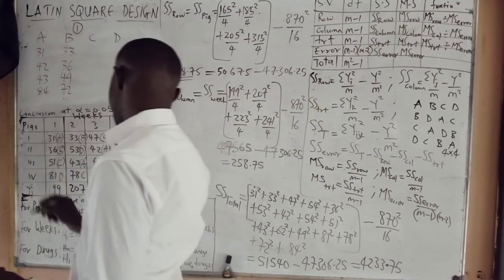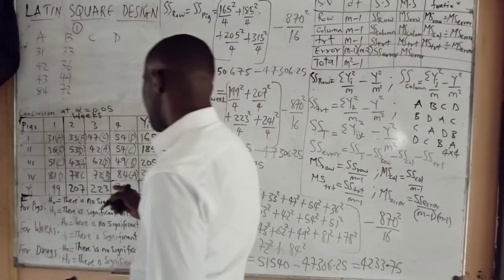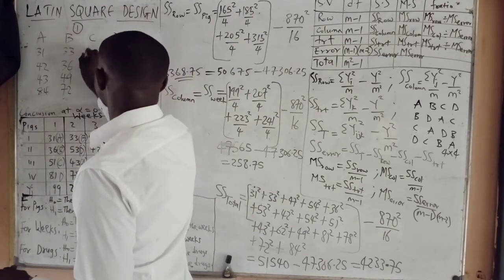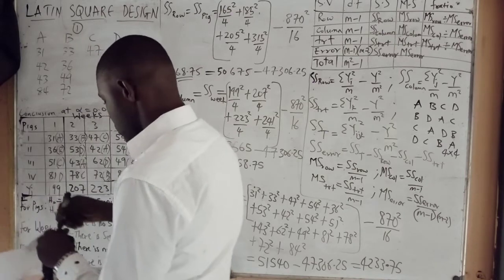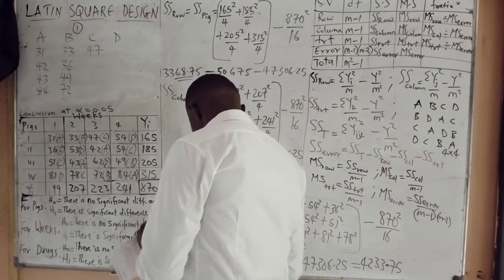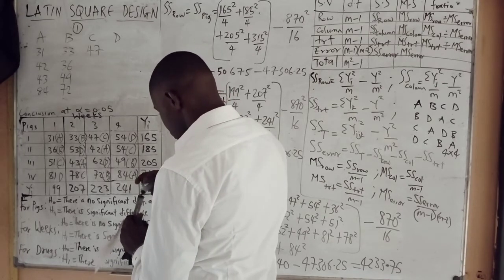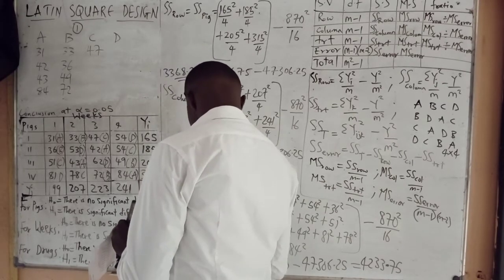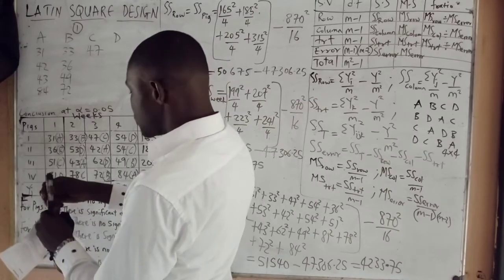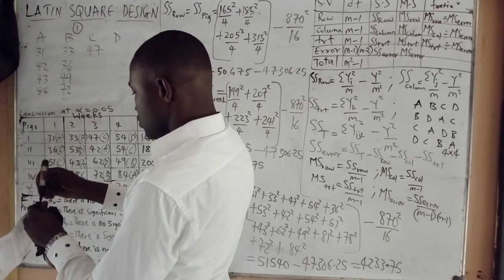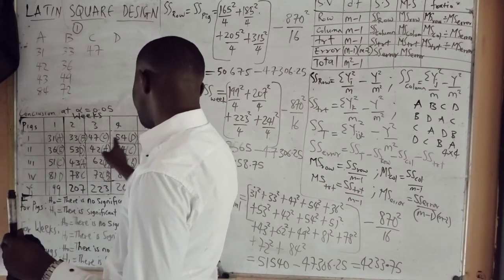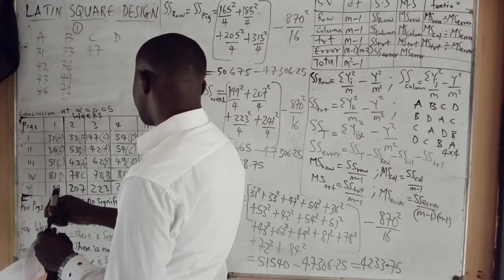What of C? The first C we have is 47. The next one we have is 54.